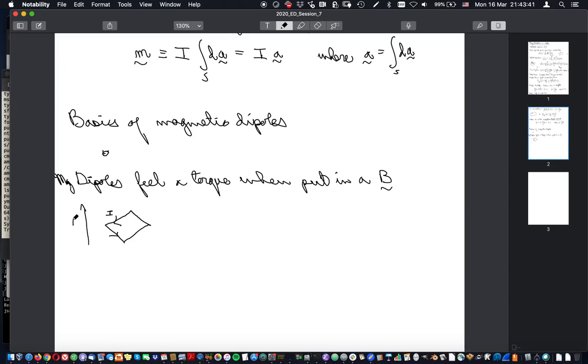So that's my B. Let's imagine that this surface here is a flat surface. So if I calculate this vector here, what I'm going to get is just a vector going perpendicular to the surface like this. So this would be like the vector A.